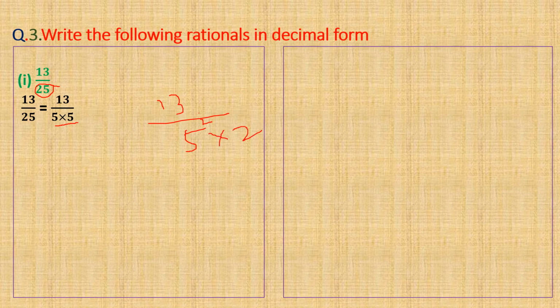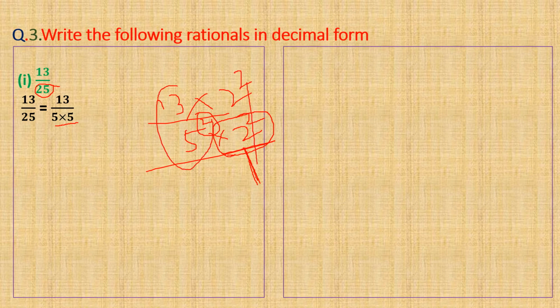Whatever the power for 5 is, you just put the same power for 2 also. Here we are adding this 2 square extra, but we cannot include it only in the denominator, right? You should include it in the numerator too. Why? Because if you cancel these two, again you will get the same question only.